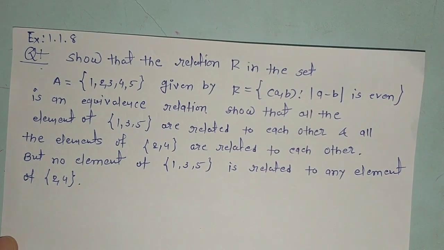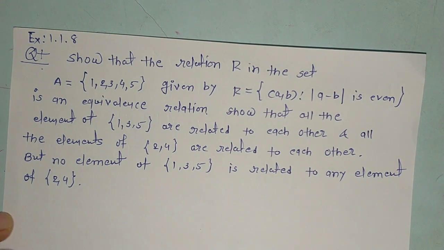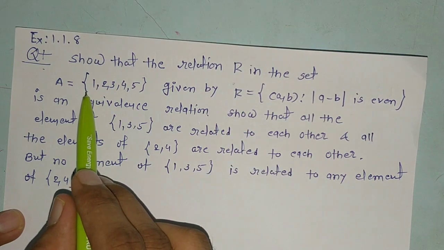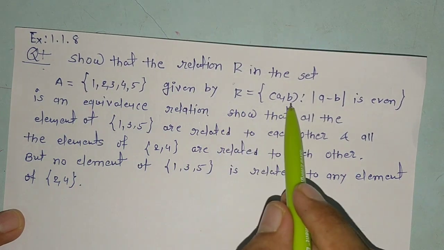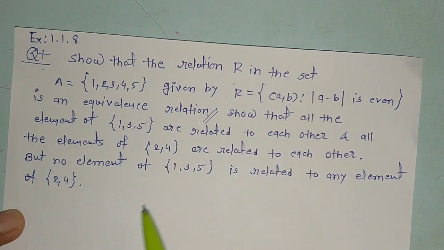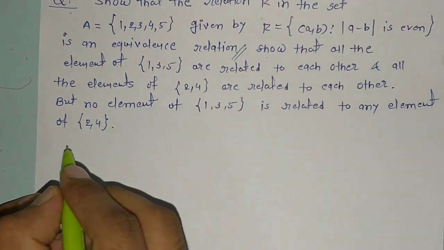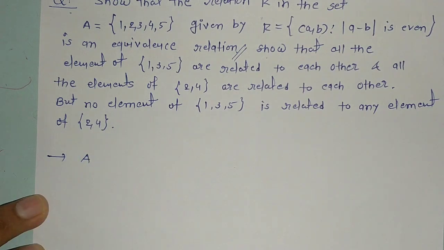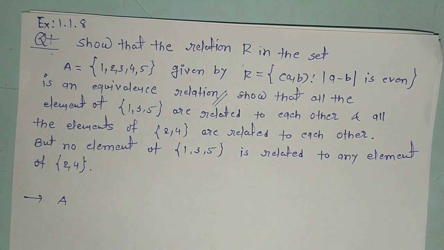I have taken the 8th question of exercise 1.1, which says that we have to show that the relation on this set, defined by this, is an equivalence relation, and then we approach the further question after that. Sorry for the disturbance.